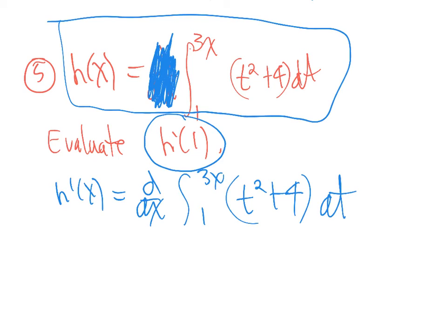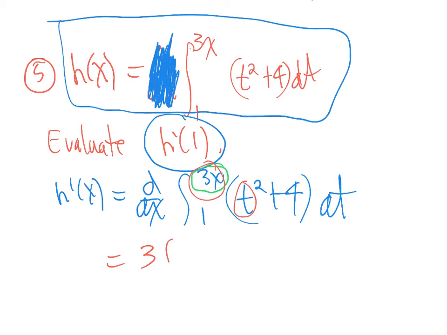So what I need to do now is to just rewrite it. So remember, when this right here is anything other than just plain old x, I have to do the chain rule. So what's it going to be? Well, the derivative of 3x is just 3, and now I'm going to replace t with 3x.